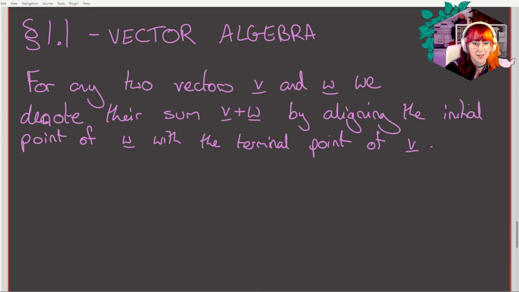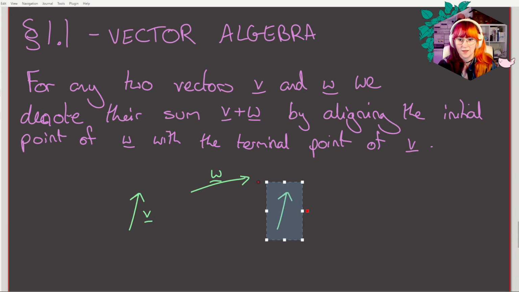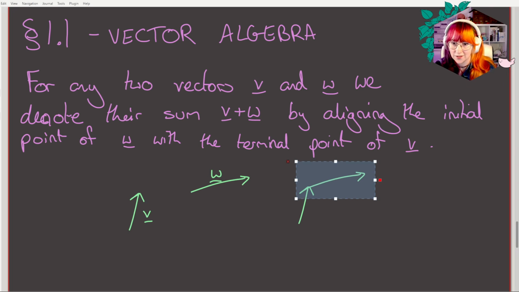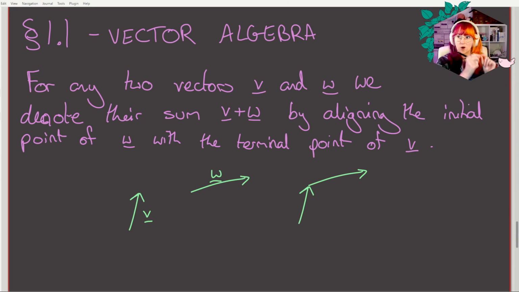So what I mean by that is, say we have a vector here V, and we have a vector here W. Then to get V plus W, I take V, and I plonk that down, and then I take W, and I align the end of V, so remember it's from the start to the end, that's the direction of the arrow, with the start of W. So I move as much as V tells me in the direction V tells me, and then I move as much as W in the direction W tells me.